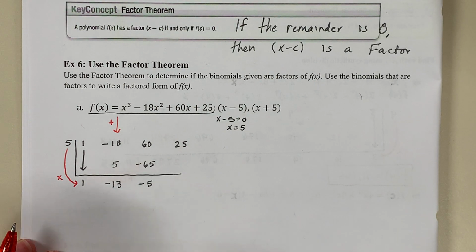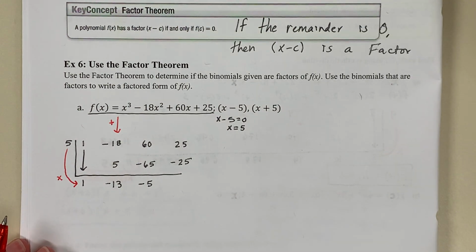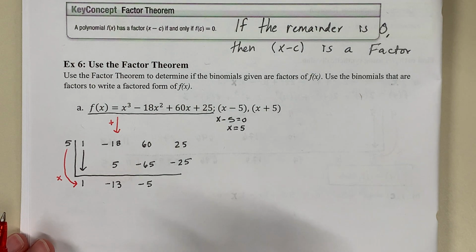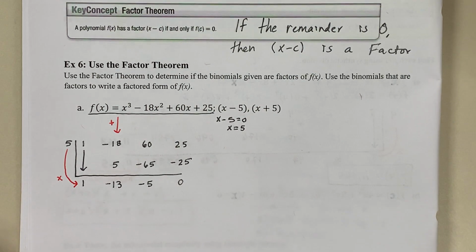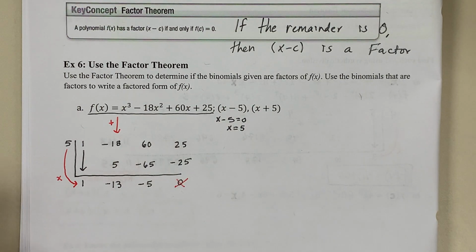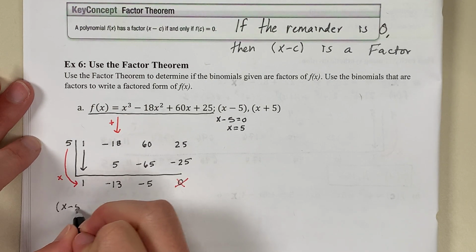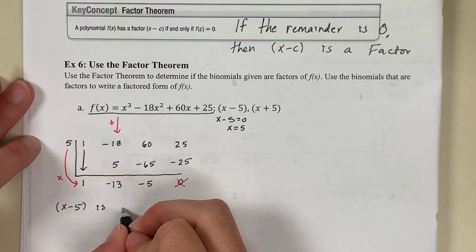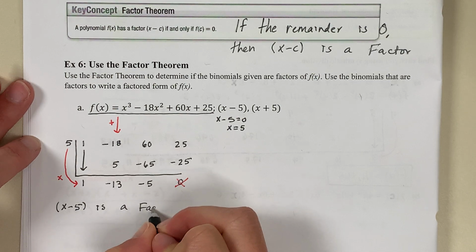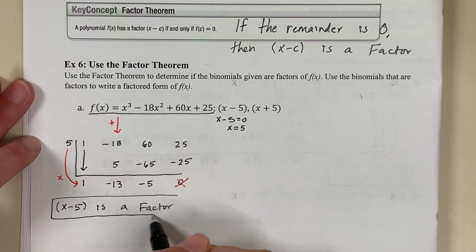Multiply 5 times negative 5 is negative 25. When I add 25 and negative 25, I get 0. This tells me that there is no remainder. Since the remainder is 0, this means that x minus 5 is a factor of the polynomial. And we need to state x minus 5 is a factor.